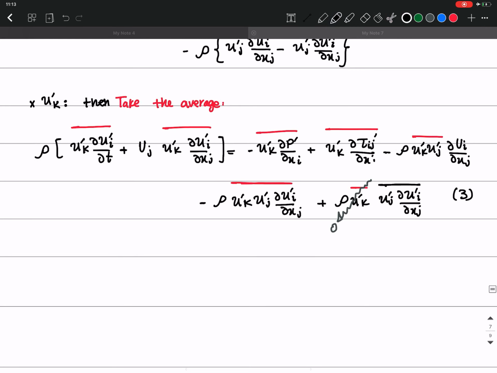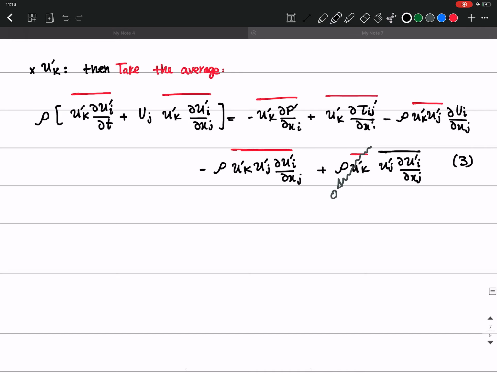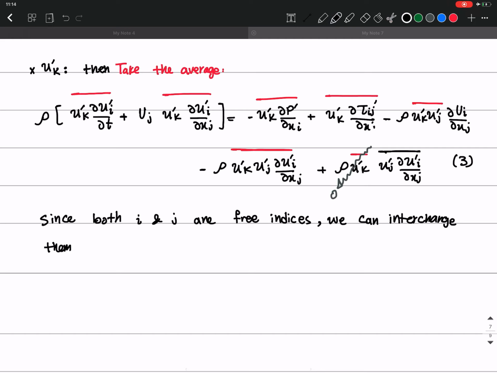So now I want to use a trick here. Since both i and j are free indices, we can interchange them to yield a second equation.